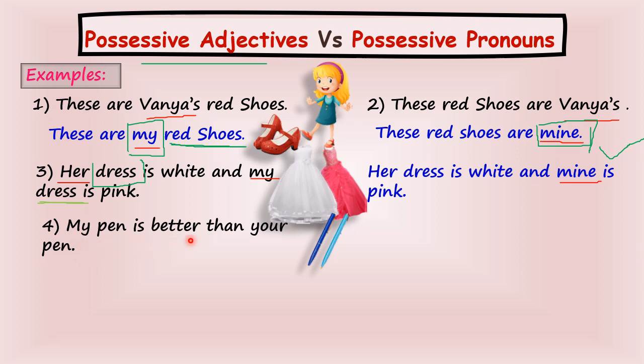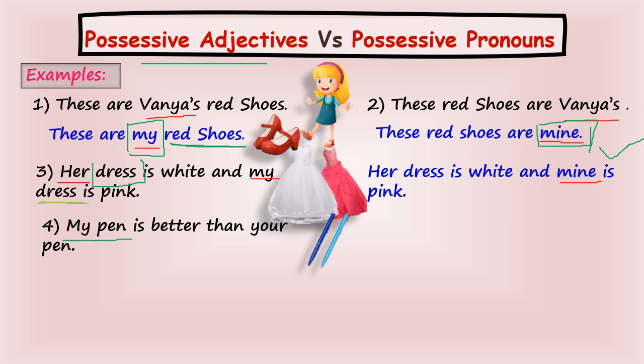My pen is better than your pen. So children, what is this? My pen is a possessive adjective. Why? Because after my there is a pen. My is describing pen.